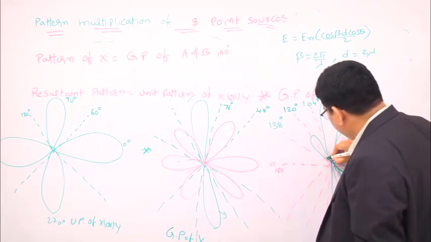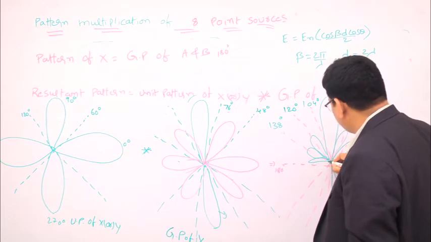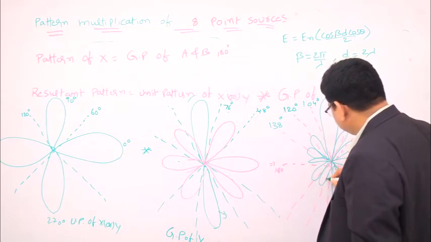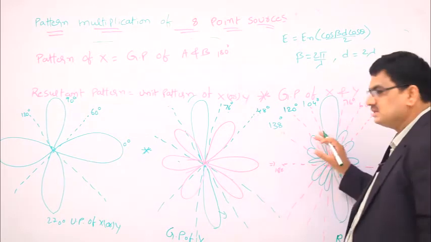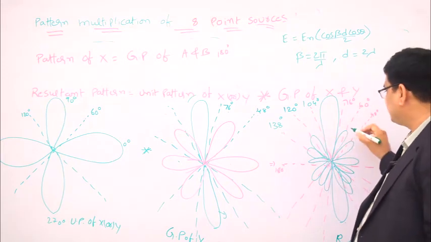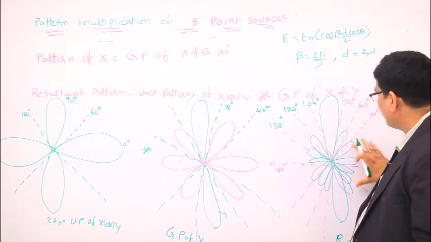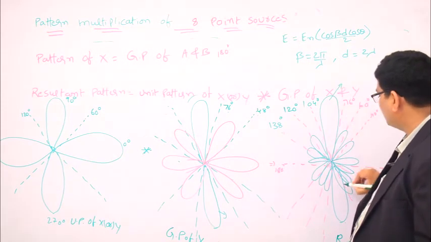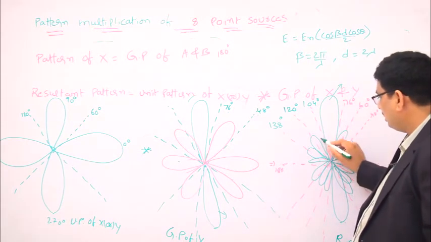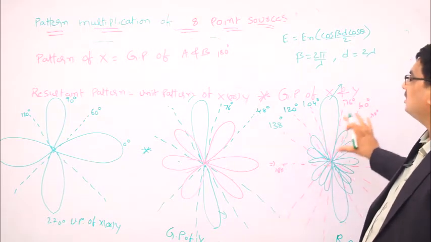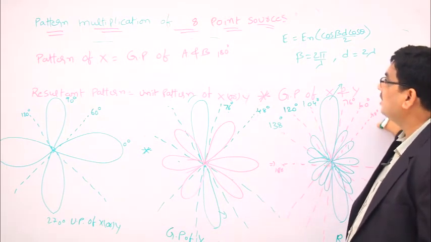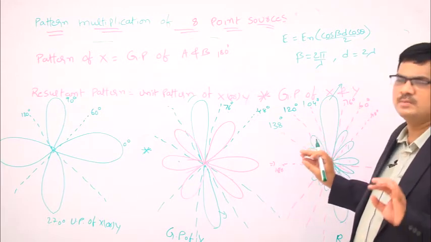Like that, on each side you can get 6 minor lobes and only 1 major lobe. All these are your minor lobes. So this is the radiation pattern of an 8 element array in a simple way.